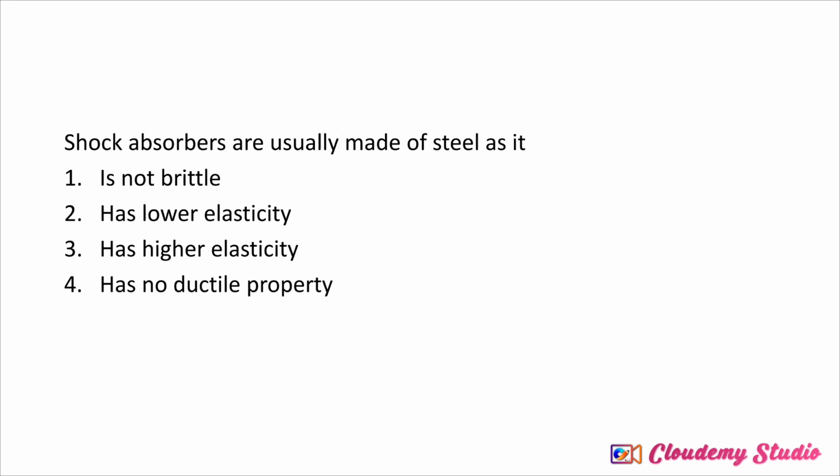Shock absorbers are usually made of steel, as it is not brittle, has lower elasticity, has higher elasticity, or has no ductile property. Higher elasticity. Shock absorbers need the highest elasticity.